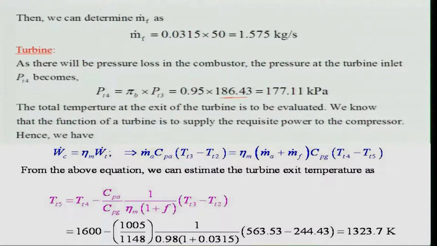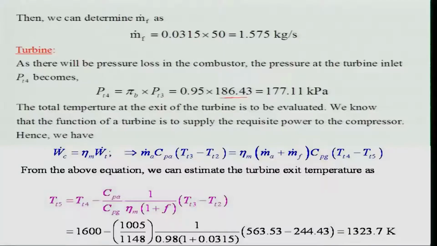Because not all the work from the turbine will go to the compressor, it is eta m, 0.98, into the turbine work.